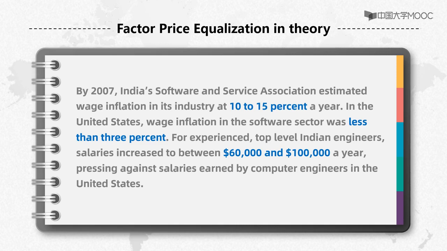For experienced top-level Indian engineers, salaries increased to between 60,000 and 100,000 dollars a year, comparable to the salaries earned by computer engineers in the United States. Wage equalization was occurring between India and the United States.